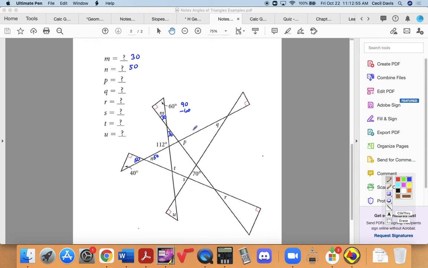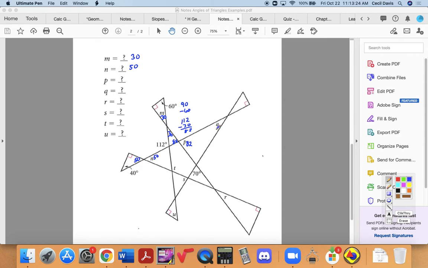So 112 minus 30 is 82. So P is 82. If you can start seeing exterior angles, which is a little hard to do at first, a lot of these become faster.